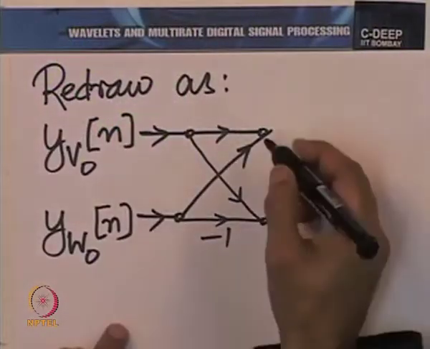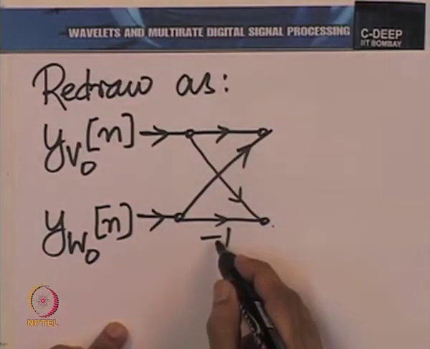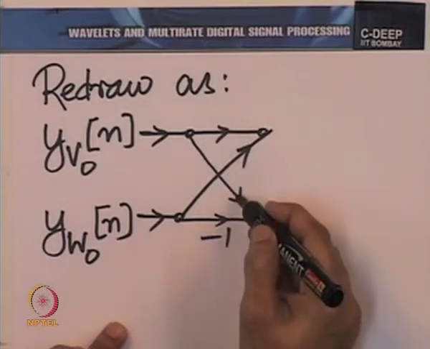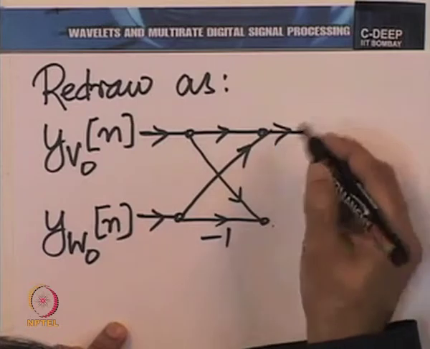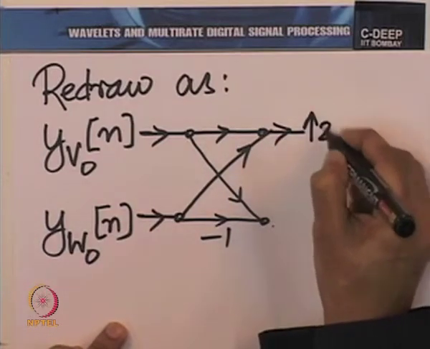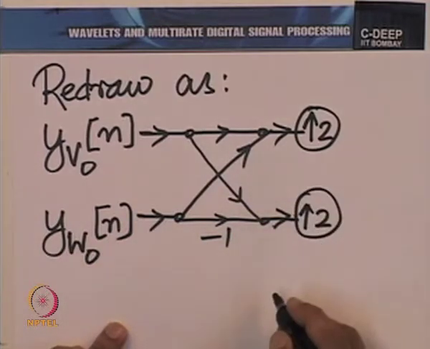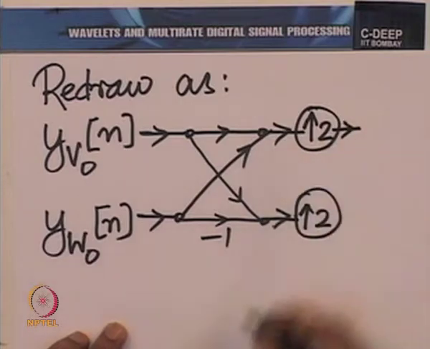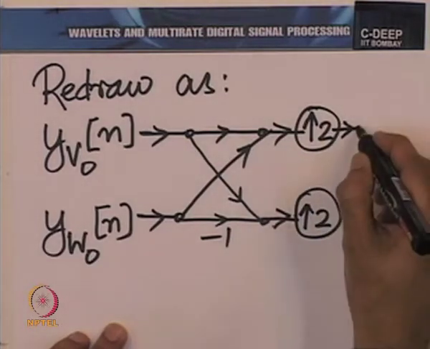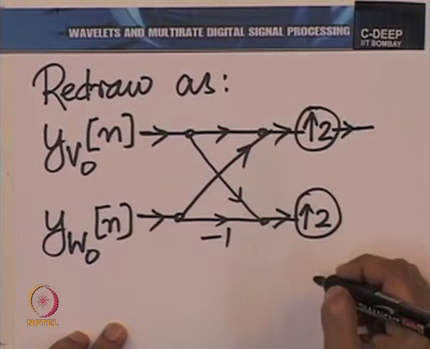But coming back to this signal flow graph that we have drawn here, I have essentially these two nodes where two edges come in appropriately with multipliers. These are all multipliers of 1 and this one of minus 1. And now I put an upsampler of 2 here for convenience. And indeed, what I want to do is to pass this as it is for the even instances, but this I wish to pass for the odd instances.